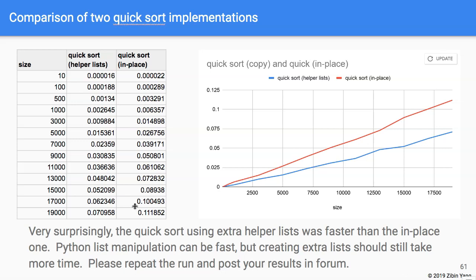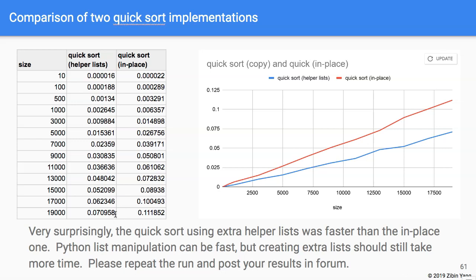And to my big surprise, the quick sort that used all the extra helper lists is actually faster than the in-place quick sort. This really had me scratching my head, because I know Python's list manipulation is supposed to be fast, but creating extra lists and all that should still take more time.